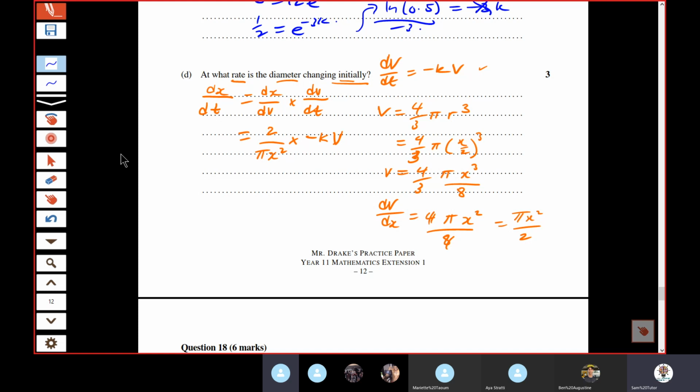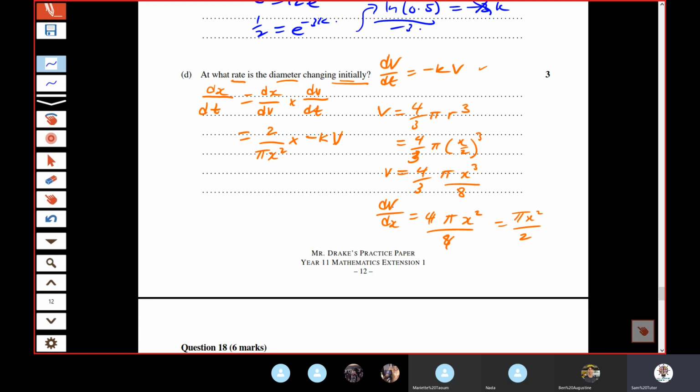Why did it become x squared at the end? Oh, differentiating. We're going to bring the 3 down, and then you take away 1 from the power. So bring the 3 down. 3 times 4 over 3 becomes just 4 pi, and then x to the power of 2, because you take away 1.